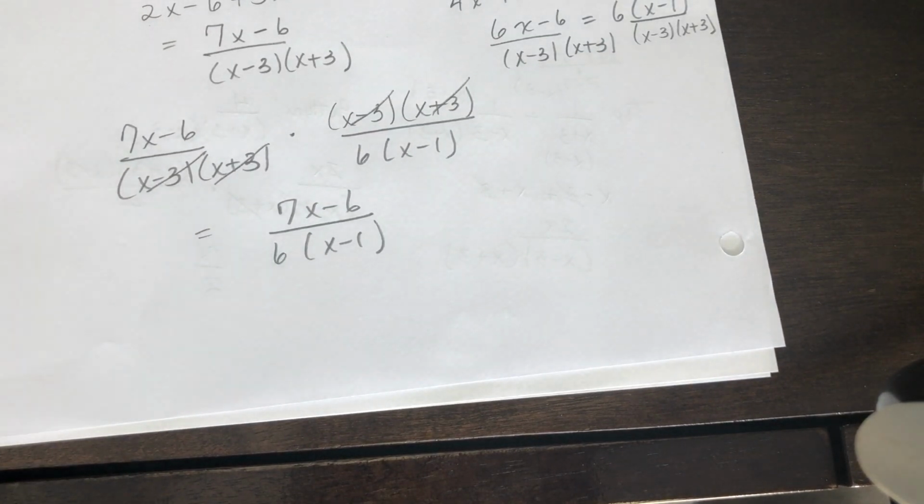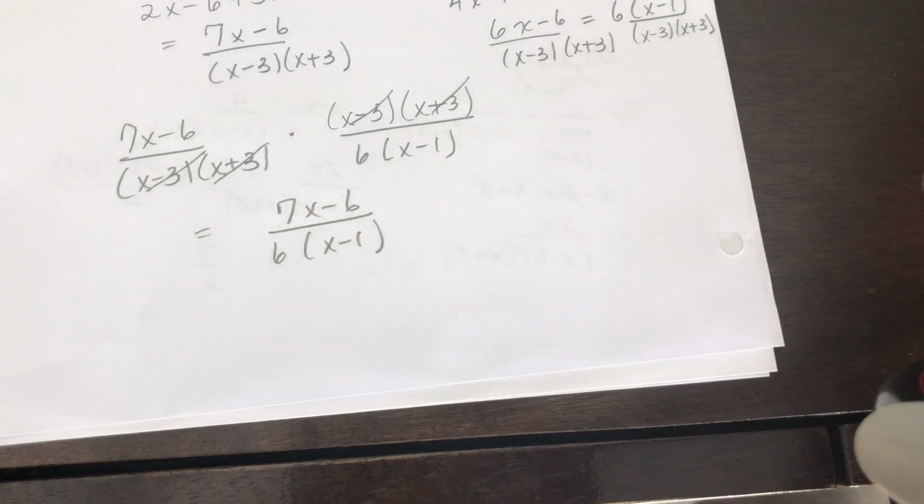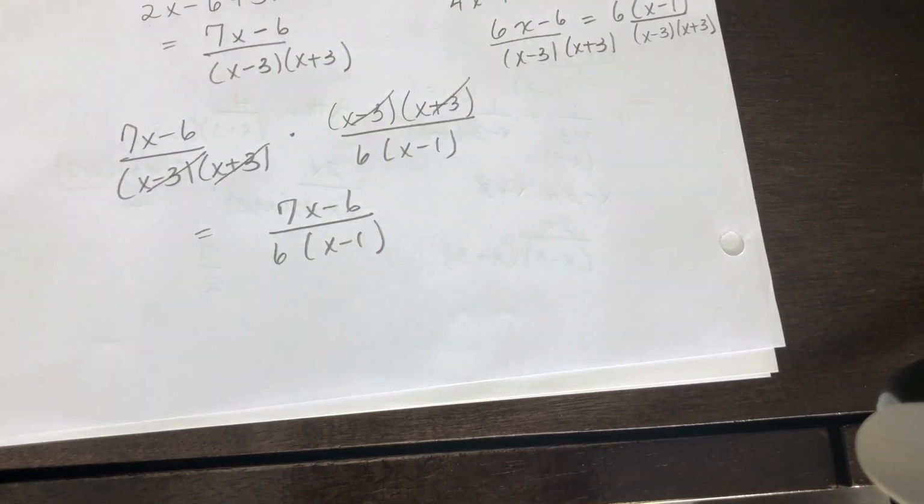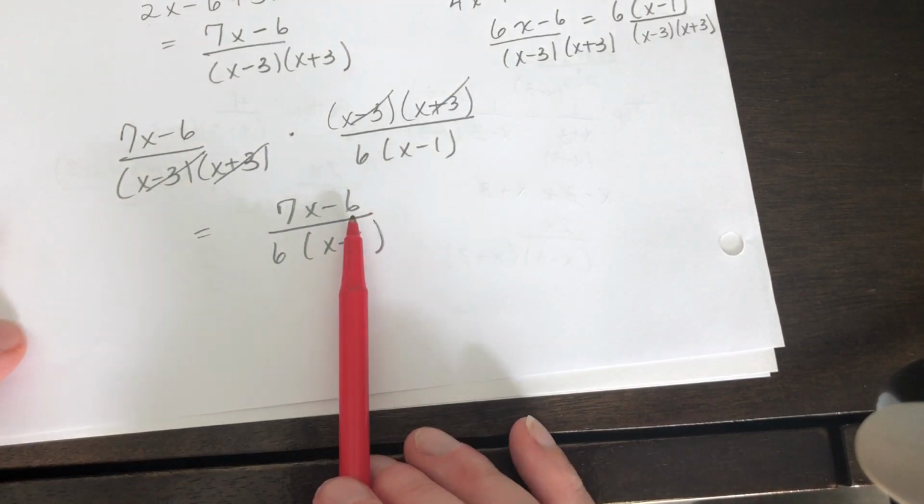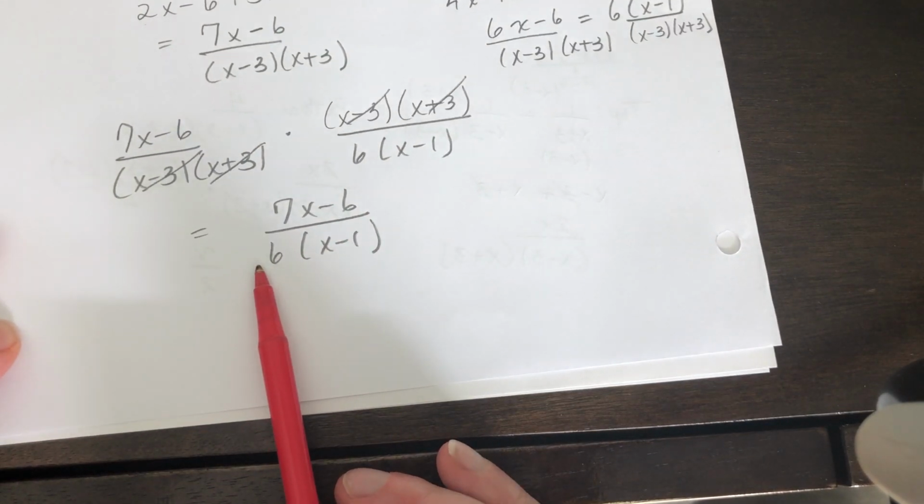Now, let me explain something real quick. I'm going to give you an example right here, and this is a common mistake. I don't know why people try and do it, but they try and do it. So I'm going to yell at you now in a video. So you see this 6 here and this 6 here. You cannot cancel that.